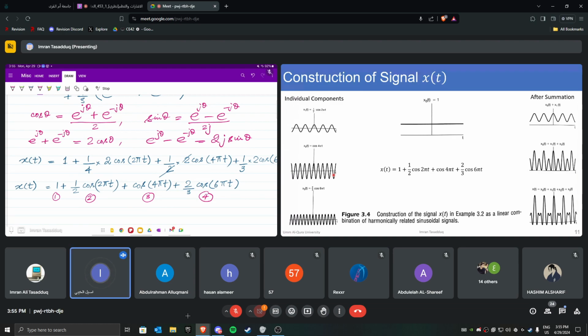Whether it's a sine or cosine, both are called in general sinusoidal signals. You can say that sinusoidal signal has 2 different types, one is sine, and one is cosine.